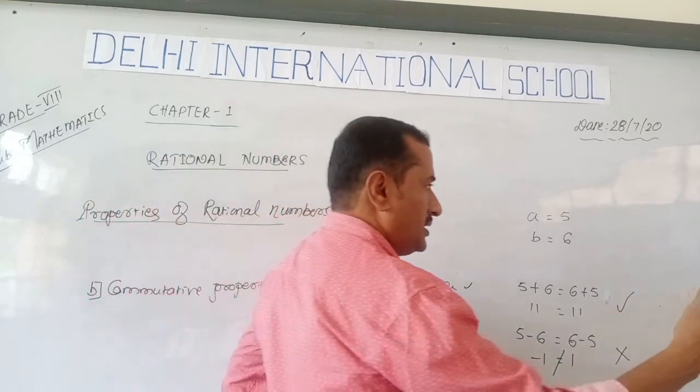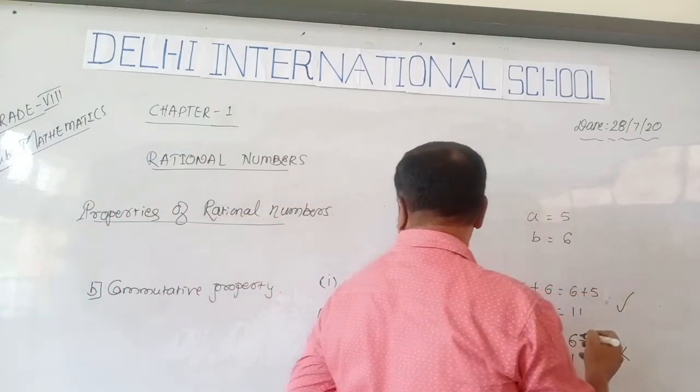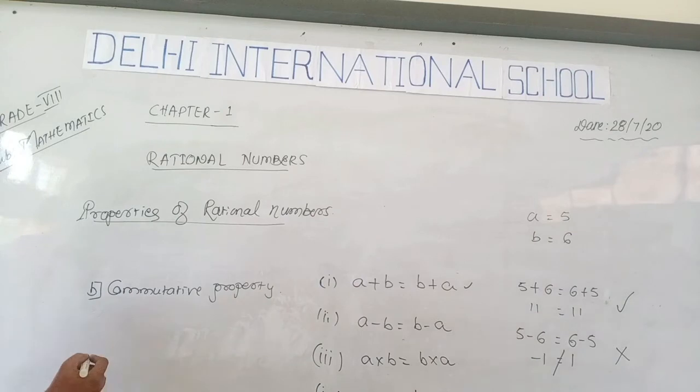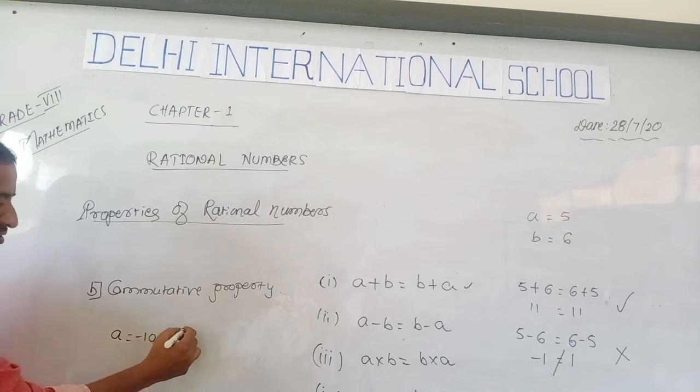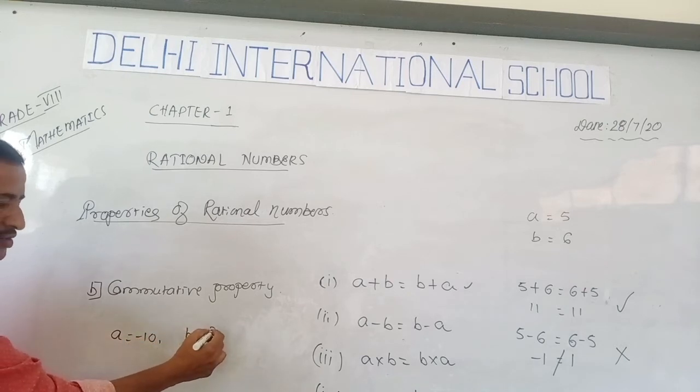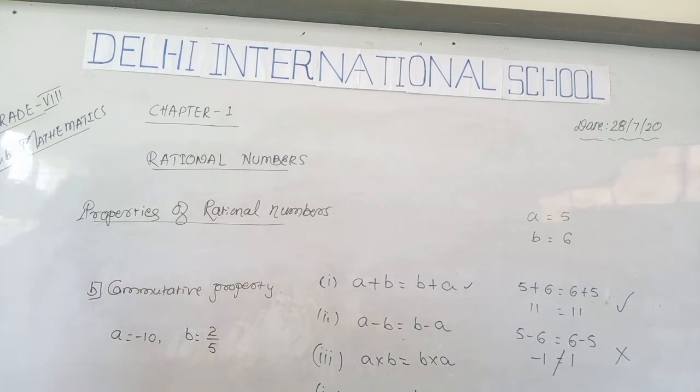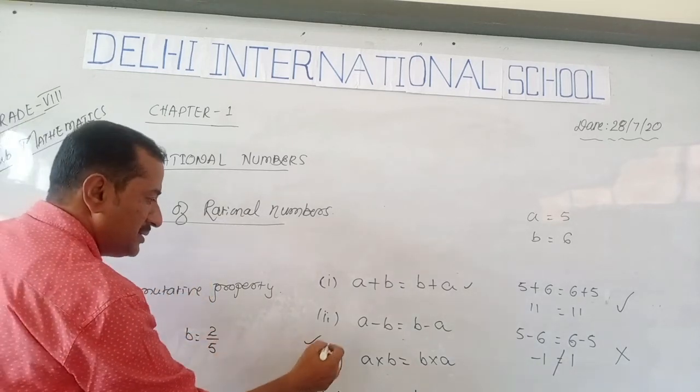Similarly, select any other numbers for A and B. I will do this one. For A I am going to take minus 10 and B is equal to 2 by 5. Now we will do the multiplication.